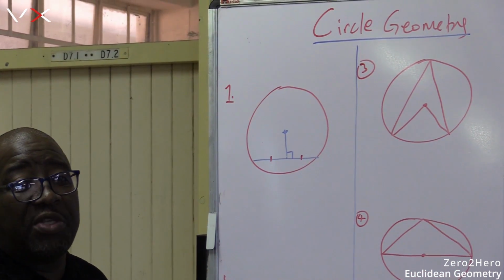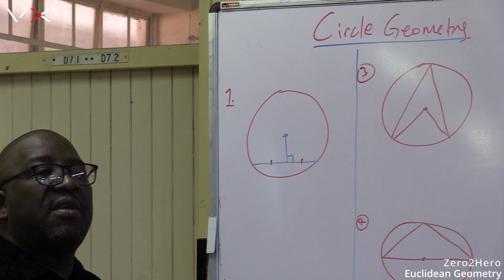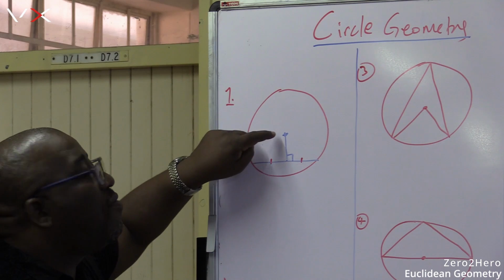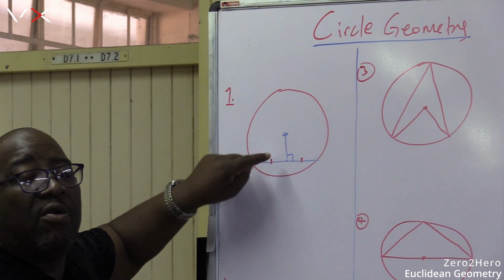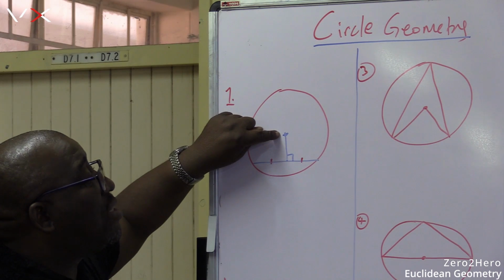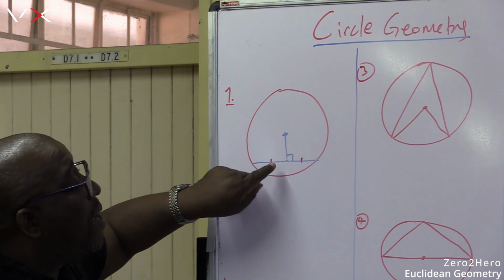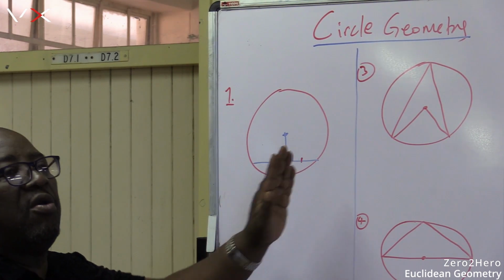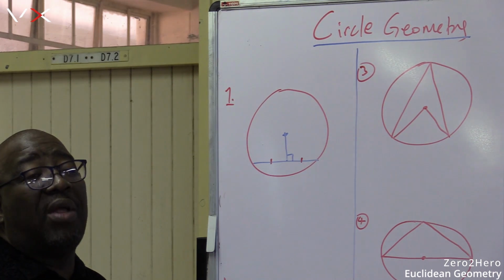It's an examinable question which says, complete the following: a line drawn from the center of a circle perpendicular to a chord. You will say a line drawn from the center of a circle perpendicular to a chord bisects the chord. It means to cut the chord into 2 equal halves.